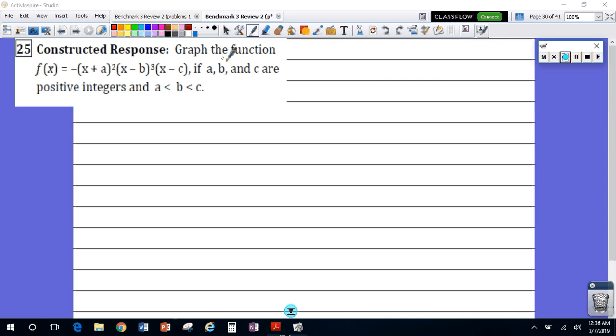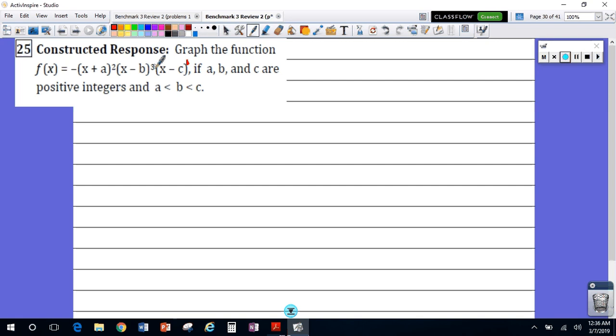Okay, construct a response. Graph the function when a polynomial is given if a, b, c are positive integers. A is less than b is less than c. Means a comes first, b second, c third. So before that, let us find out the leading coefficient and exponent. So here we have 1 as the exponent, right?